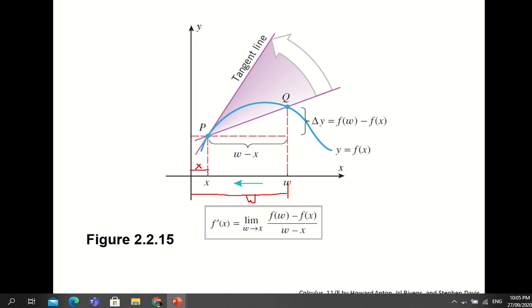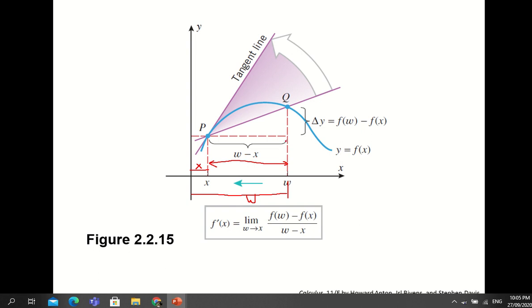So if you are going to find the distance from this to there, this is w, then minus x. So the difference of the two horizontal distances is w minus x.